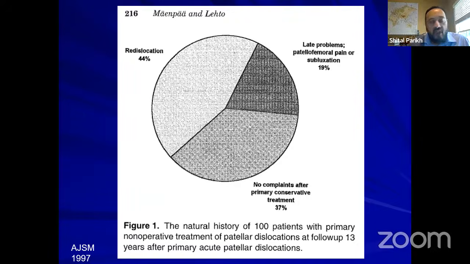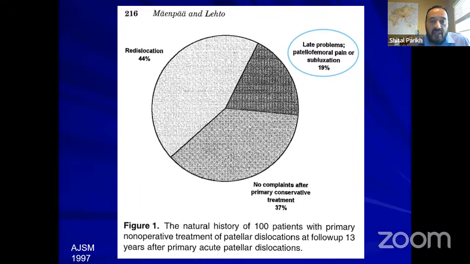Now, that is only one way of looking at the natural history, which is how many patients redislocate. But is that the entire scene? And it is not, because a lot of patients may not have dislocation again, but they might have other issues, the late problems, which is pain, subluxation, giving way episodes, fear of going back to sports. And that represents another 19% in this study.